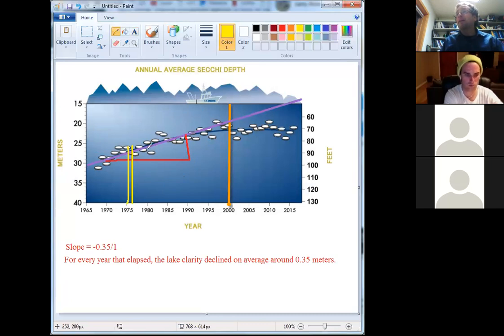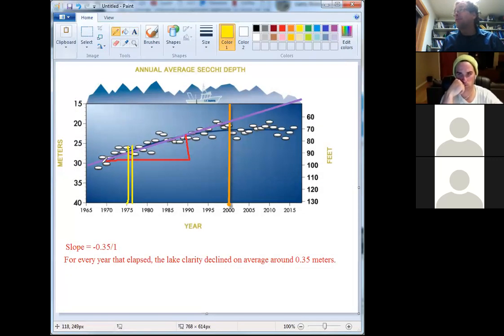I eyeballed it, so that's from my general knowledge. So it's -0.9, by the way, Josh, because it's negative. The slope and the correlation always have the same sign. If the data is a pretty good fit to the line, then you're around 0.9, or negative 0.9 if it's negative.